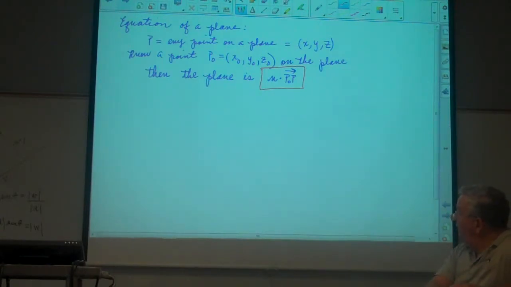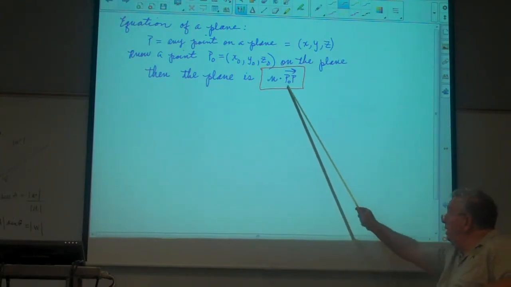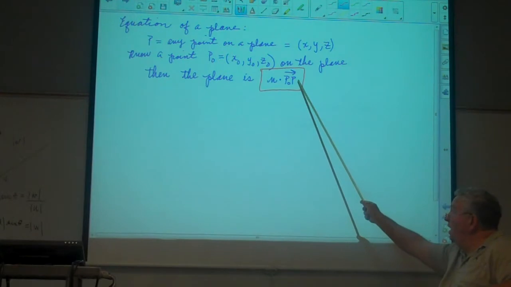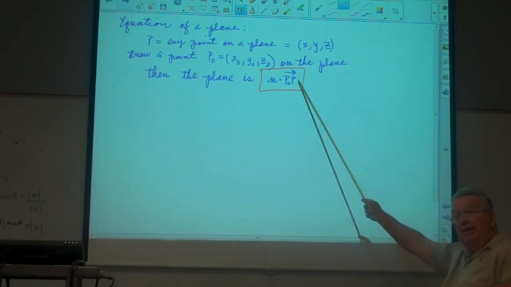Question? Oh, by the way, the dot product is a what? Scalar. A number, huh? But I'm telling you, this P naught P is going to have X, Y, and Z in it, is it not?